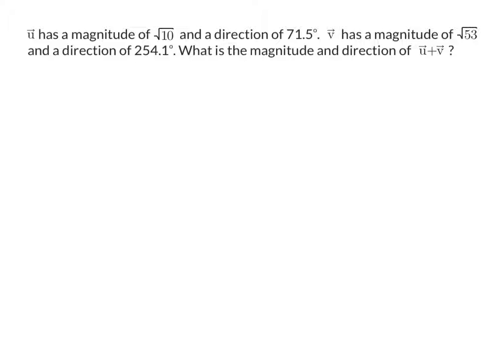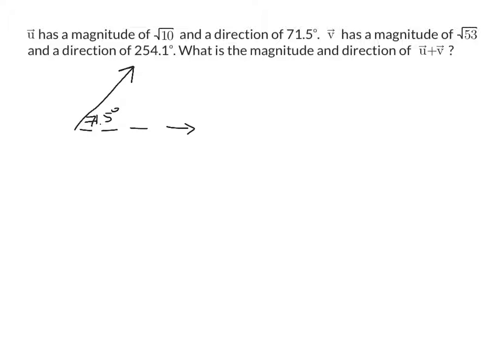So let's focus on vector u first. Now I'll draw a rough sketch of this. So vector u has a direction of 71.5 degrees. So we'll start from the positive half of the x-axis, and then 71.5 degrees will come up like that.